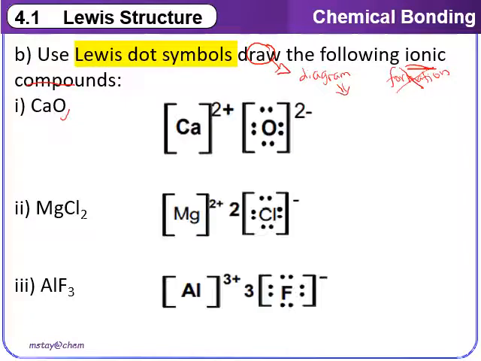For example, in this case, the calcium will become 2+, while the oxygen becomes the oxide ion, O2⁻. Magnesium chloride is Mg2+ and then there are 2 chloride ions. The 2 this time is at the front here, showing the number: how many chloride ions? 2 chloride ions.